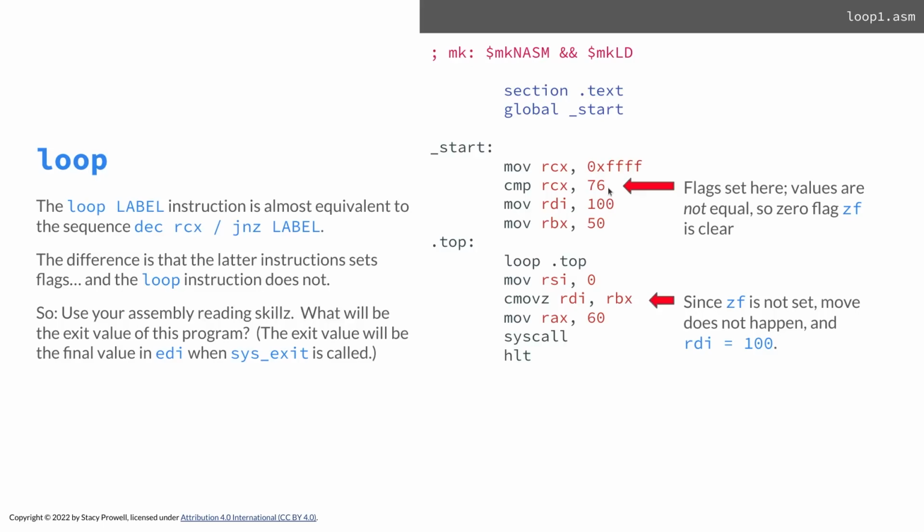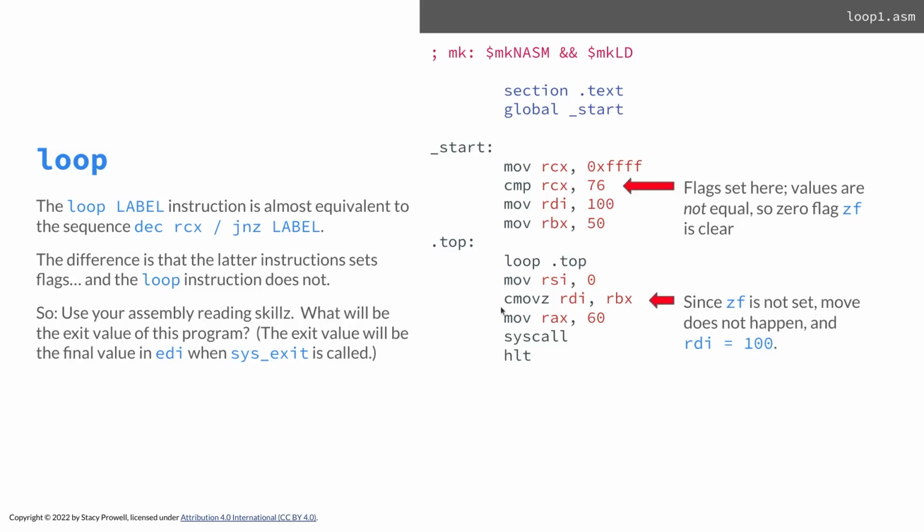Is that going to be true? No, because right above it, I set RCX equal to FFFF. So this comparison is not going to be 0. So the zero flag will be clear. Move doesn't set it, and loop doesn't set it.